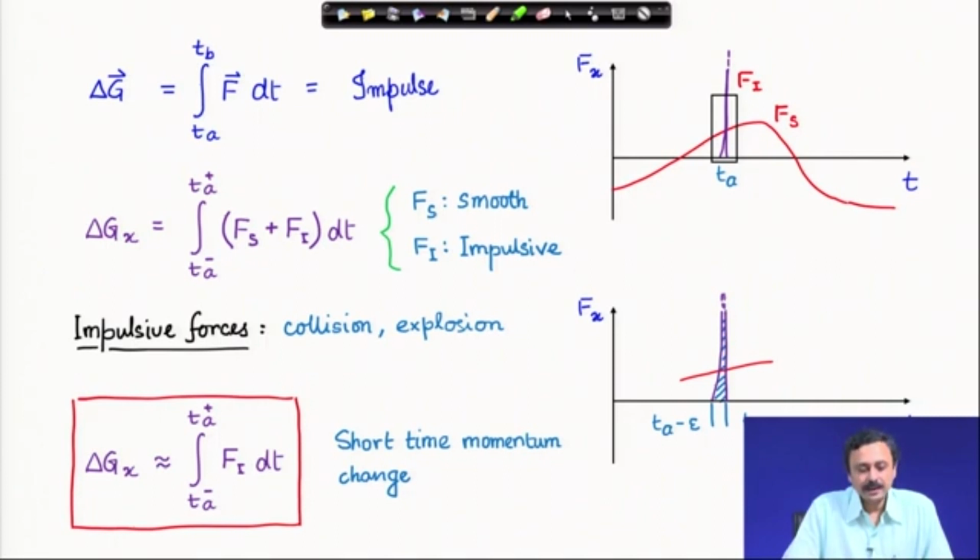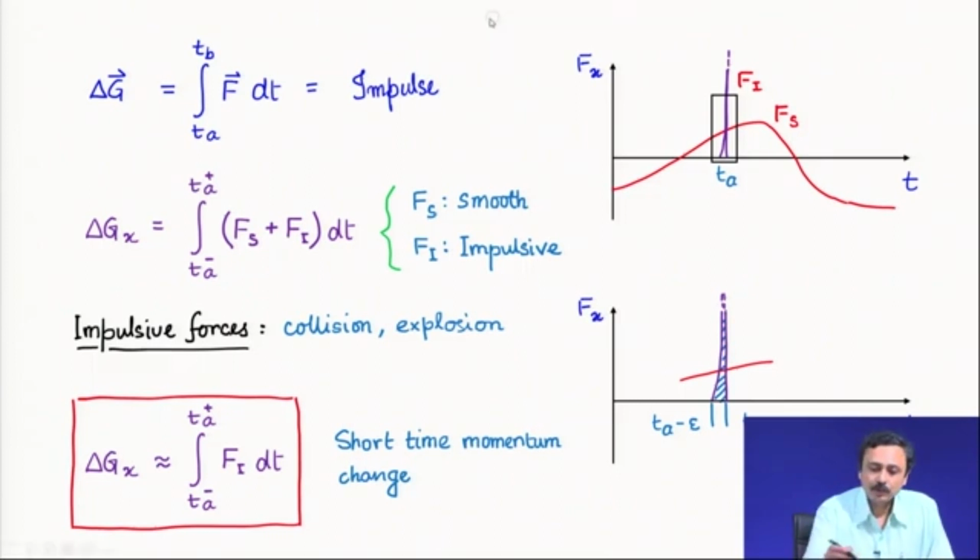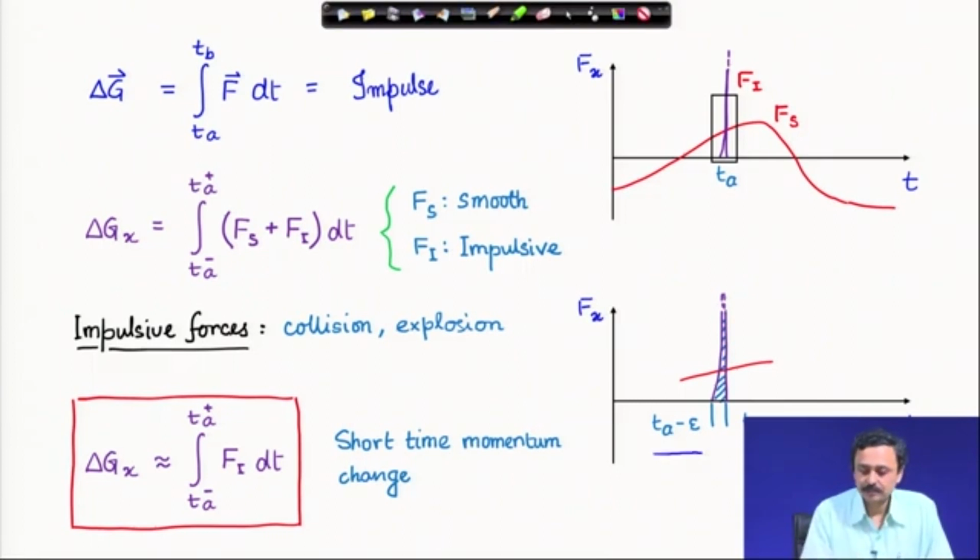Therefore, when I take T B tends to T A, or in this case epsilon tends to 0, epsilon is the small time to the left and to the right.